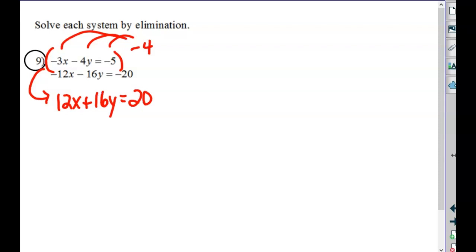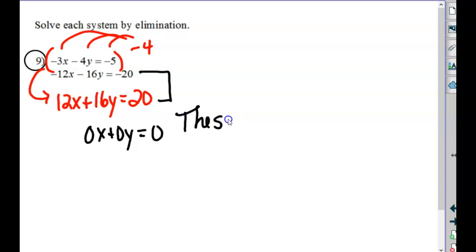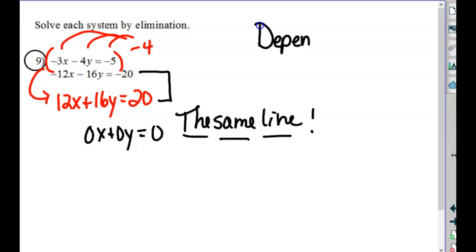Now when I go to add these two together, what happens? Yeah, it's all 0. However you want to write that, it means they're exactly what? Yeah, the same line. Therefore, the system is called dependent and consistent.